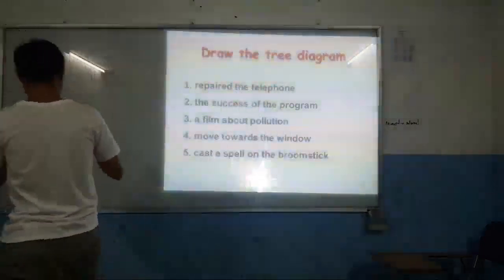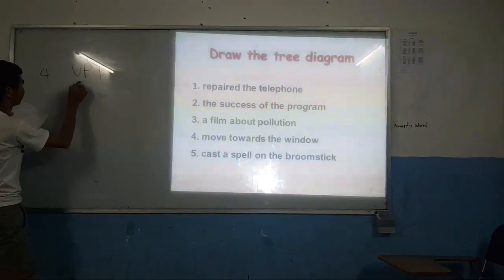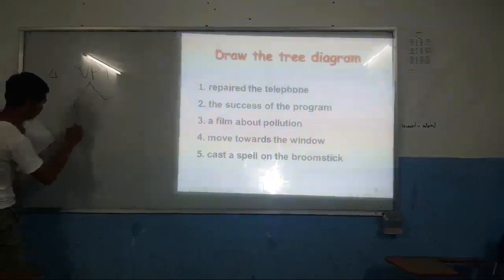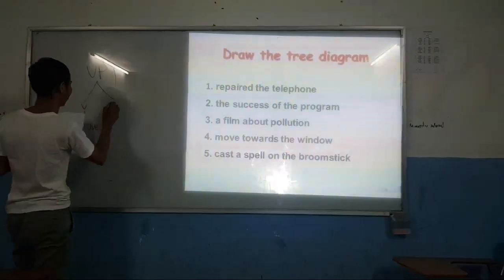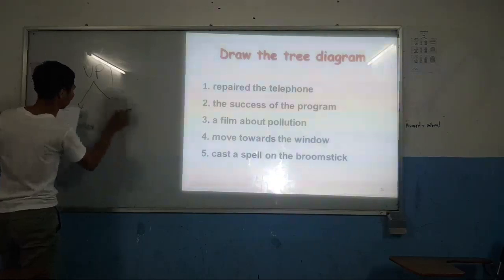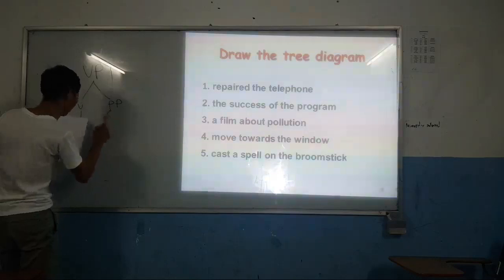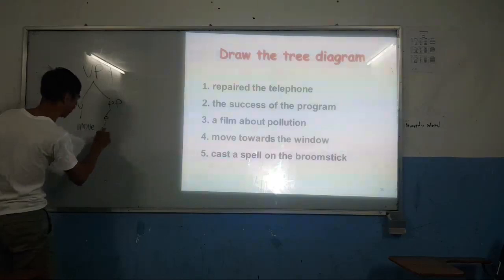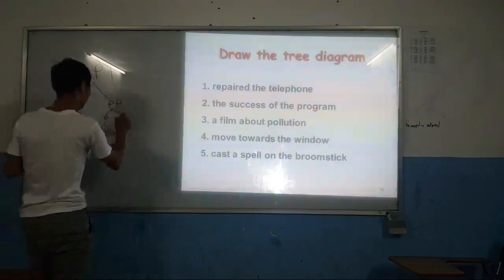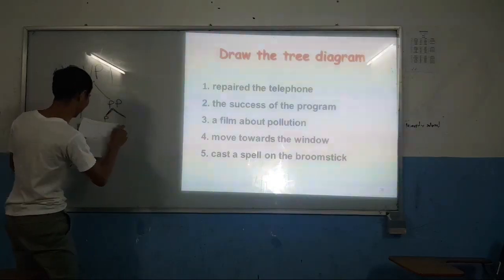You can put the verb and verb with noun phrase because, yes. I do number 2, we number 1.